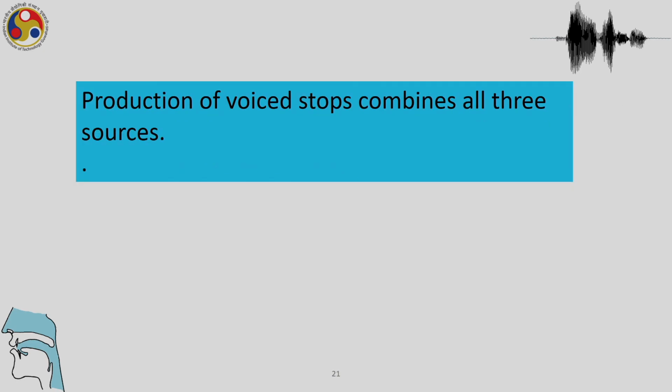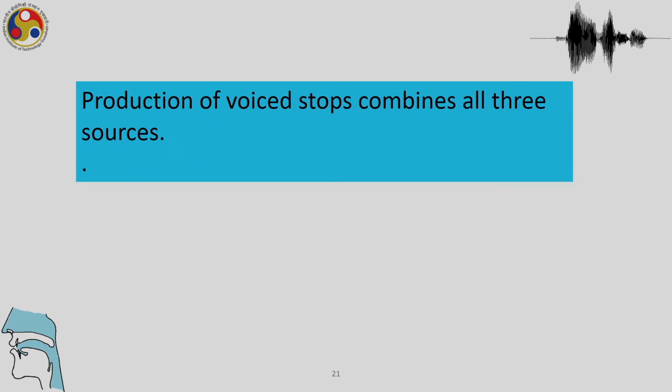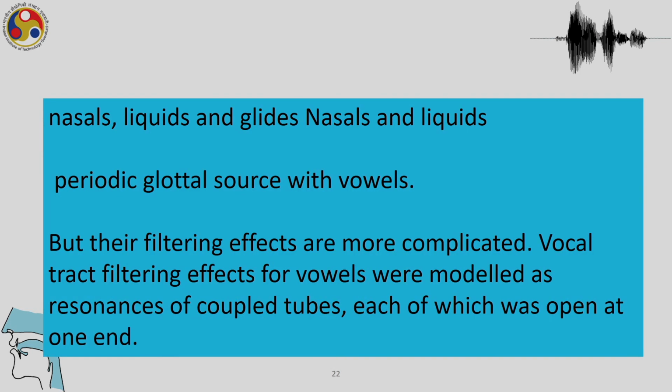So, for the production of sounds, all these sources can be combined: the glottal source, the vocal tract filter, and the frequency components. After the combination of all the sources, we have the peculiar properties of nasals, liquids, glides, and also stops and fricatives.